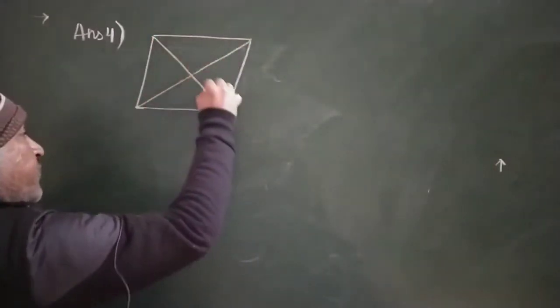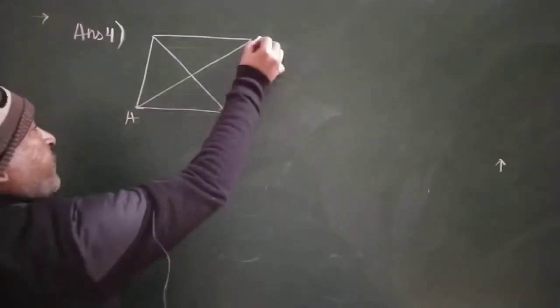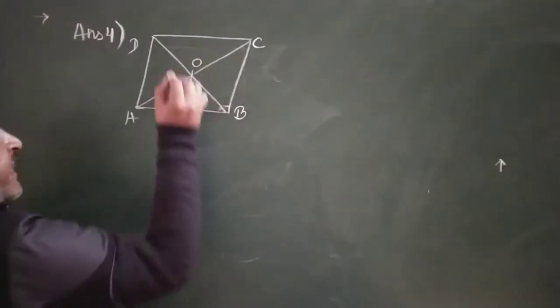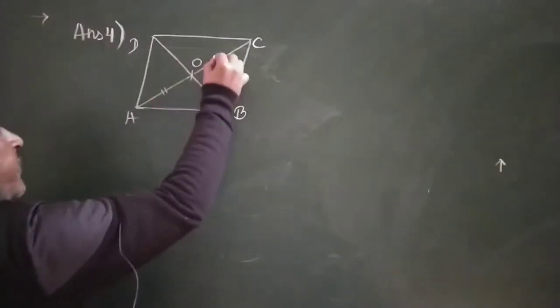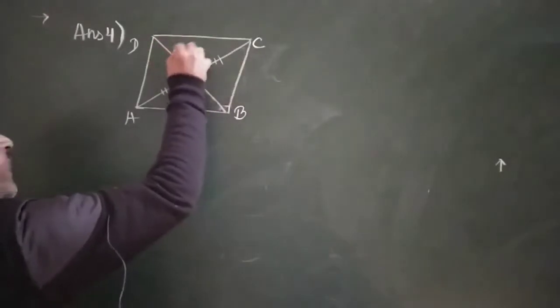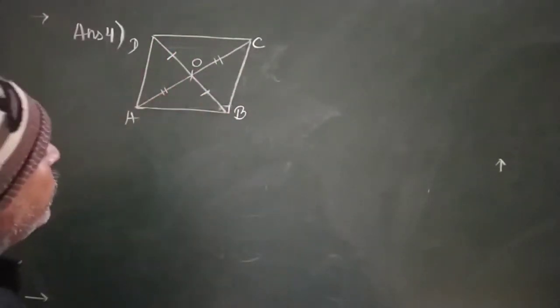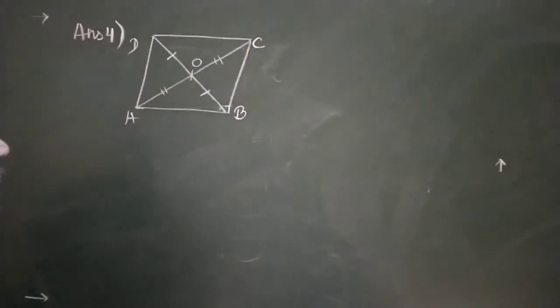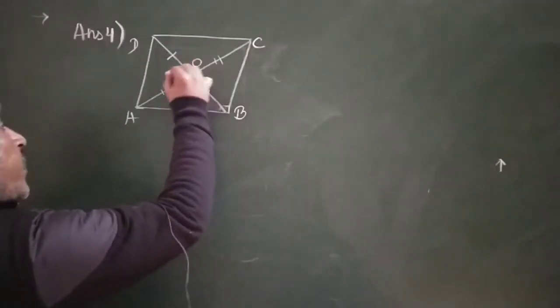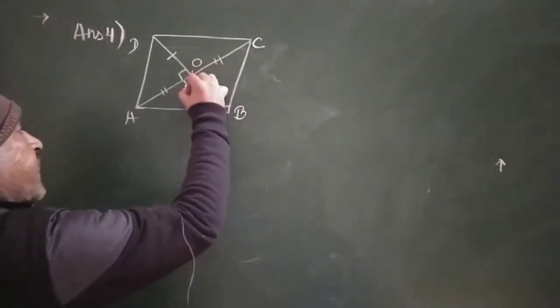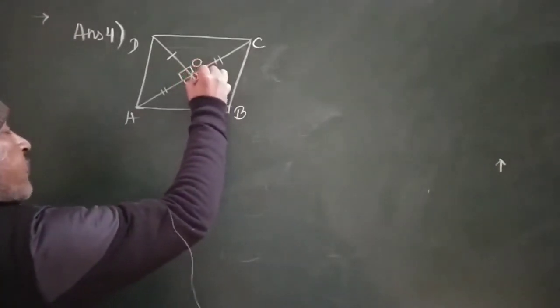We can say in a more better way that the diagonals of a rhombus bisects each other at 90 degree. If they are intersecting at O, it means OA will be equals to OC, OD will be equals to OB. That's why I said that diagonals of a rhombus bisects each other at 90 degree. So bisecting we had shown, we had to also show that they are bisecting at 90 degree. So make one angle of 90 degree.